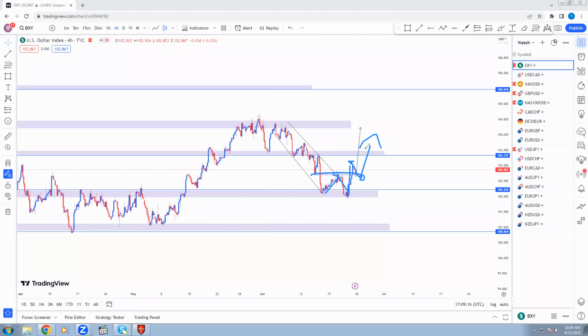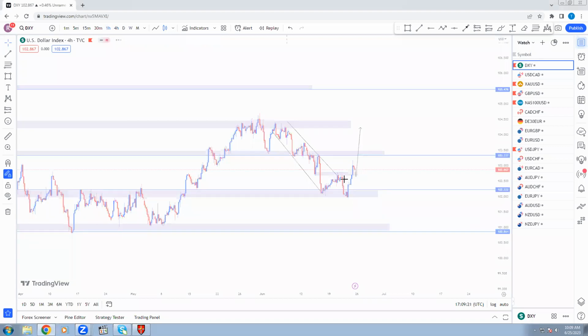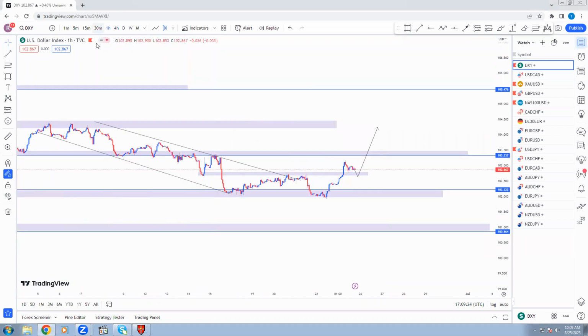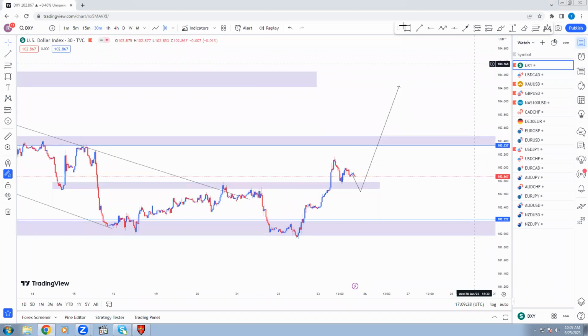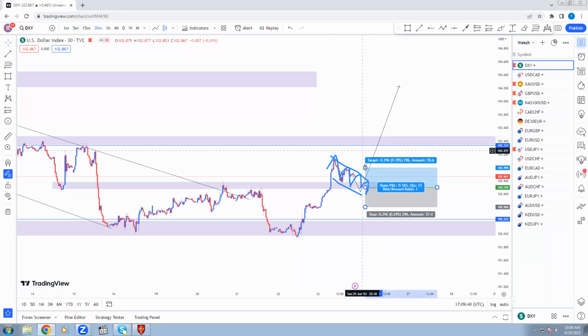So as you can see now on our 1-hour time frame, let's move to the 30-minute time frame. For now on DXY, I'll just wait for it to continue correcting, coming back to the zone. Then that's when you're gonna see a bullish dollar. The dollar is gonna be strong.